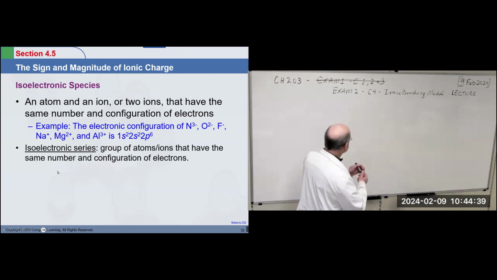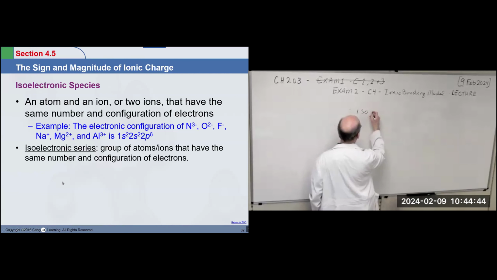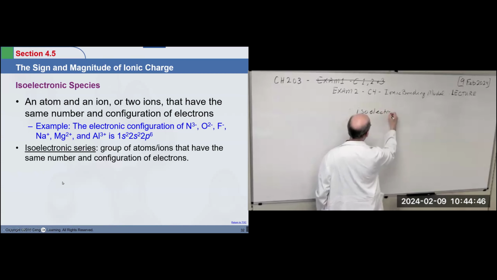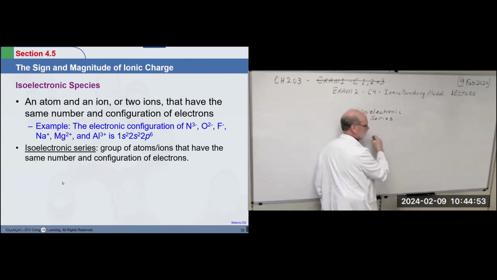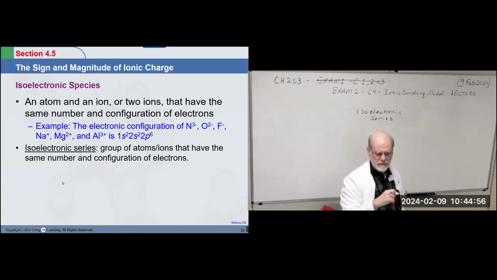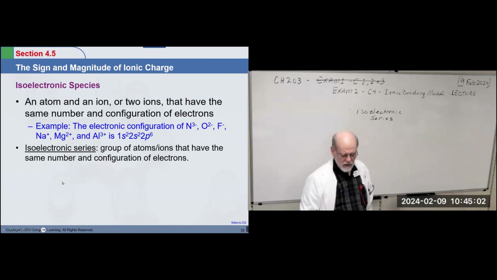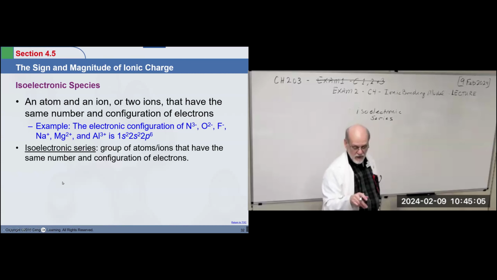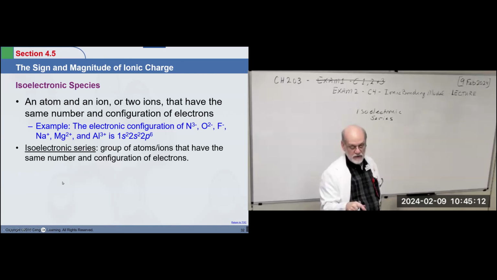Now, what do we mean by isoelectronic? Haven't we talked about this yet? Isoelectronic series. When we were doing electron structures, then we talk about isoelectronic series. Maybe we didn't. All that means is that all of these species in the series, this is one example, have exactly the same electronic structure.